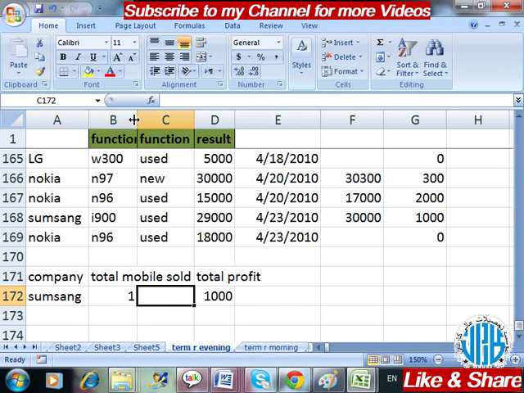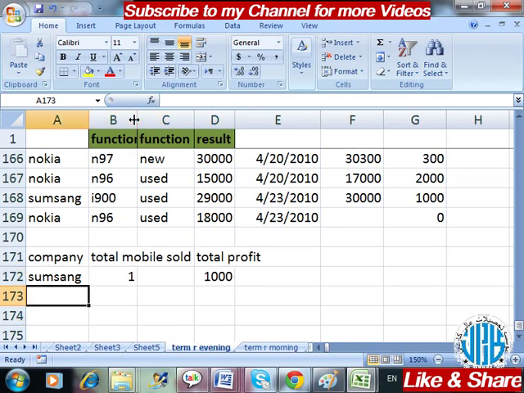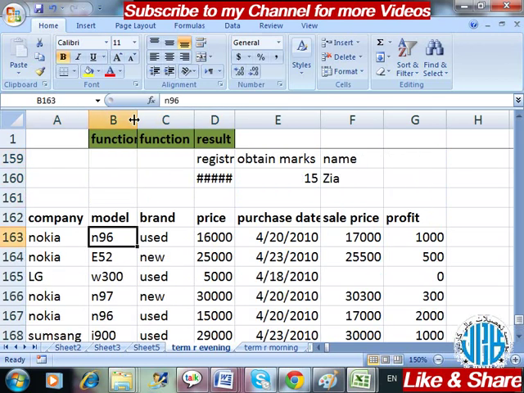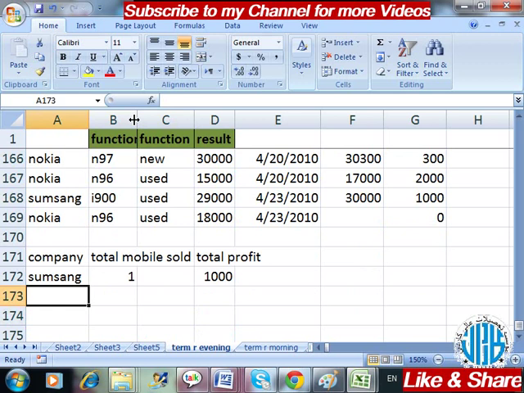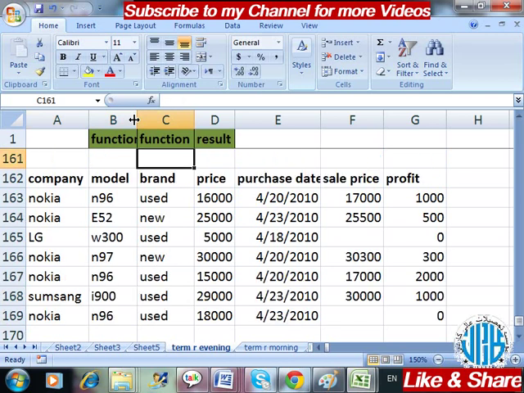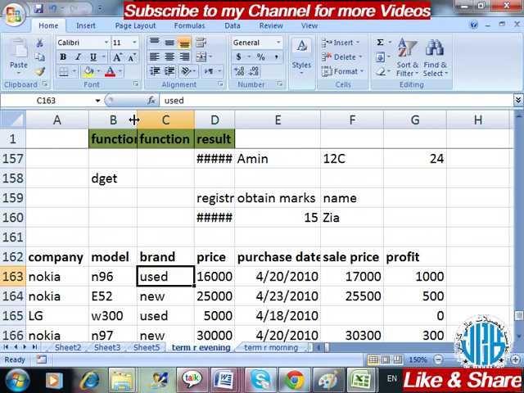Here, I'm going to write total profit, and dates. Which date? Purchase date. There is no sale date available over here. Let's suppose I add one more date, which is a sale date.